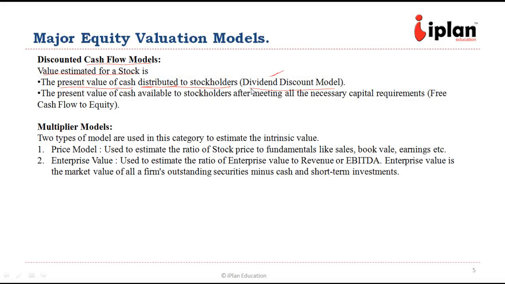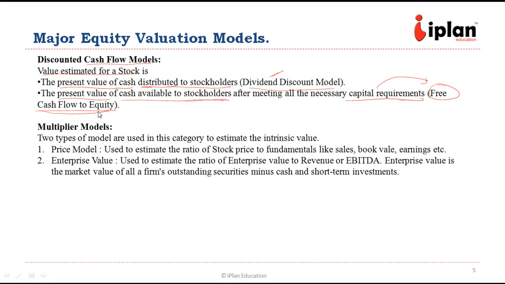Another way of looking at it is when we are calculating the present value of cash available to stockholders after meeting all the necessary capital requirements. After we have already met capital requirements, we have free cash flows to equity. This free cash flow to equity at different time intervals has to be discounted to present value, and the sum of that will give us the intrinsic value of the share.